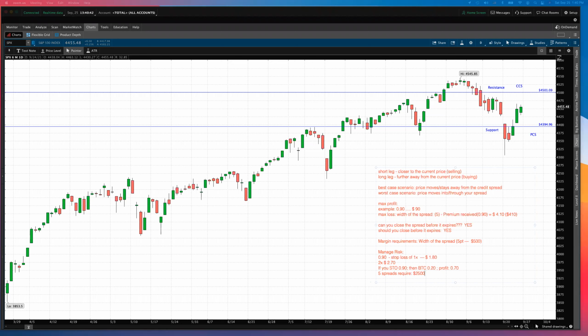So this is a small account strategy, right? If you have margin and you have $2,500 and you know how to trade the SPX, and you can figure out the direction relatively easily, then can you make 1,000 every week?